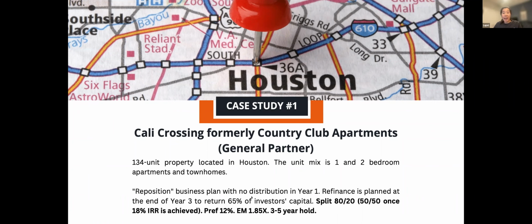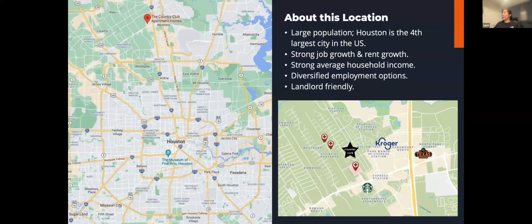A lot of times that is a good indication when you're going into a reposition property, or a property that's going through heavy upgrades. Like Noel was saying earlier, here are some of the things we're looking at when selecting properties: population growth, job growth, household income.